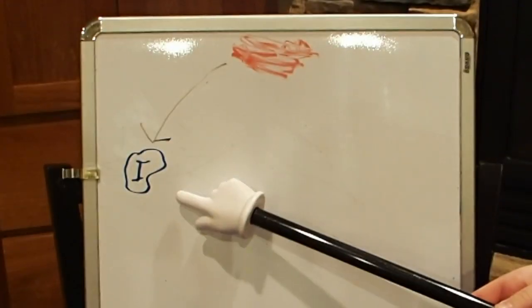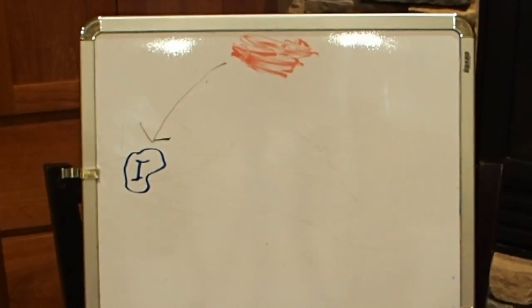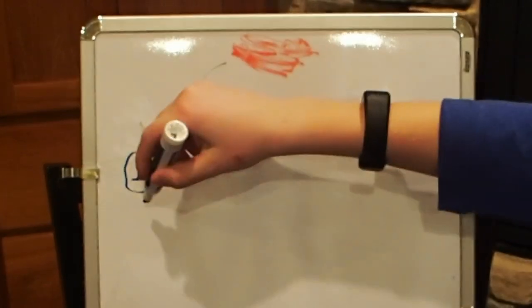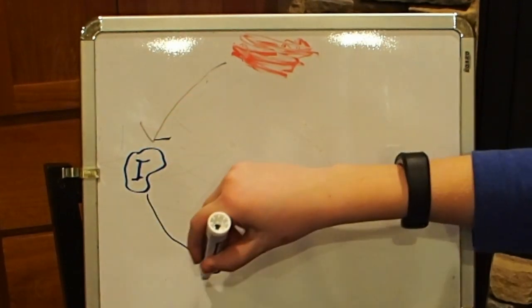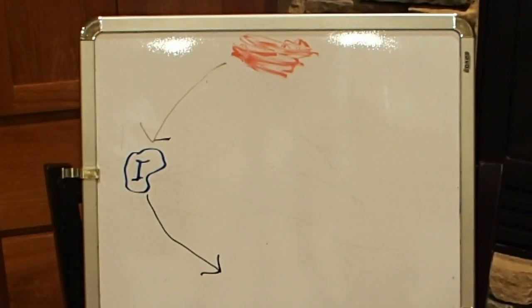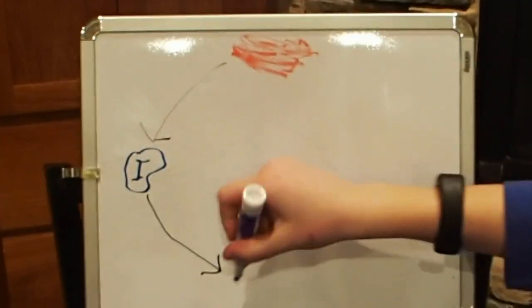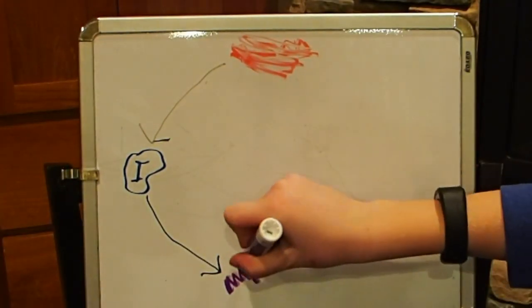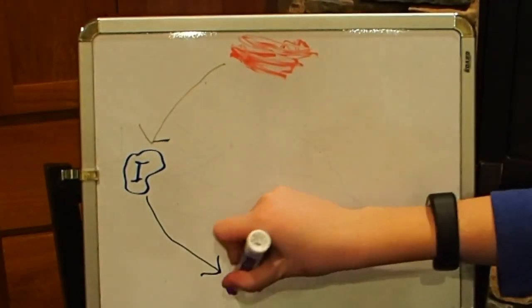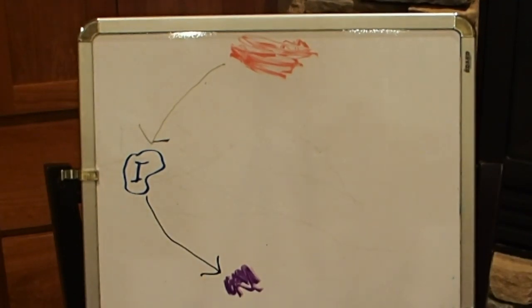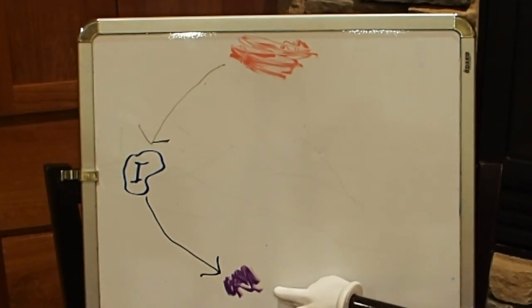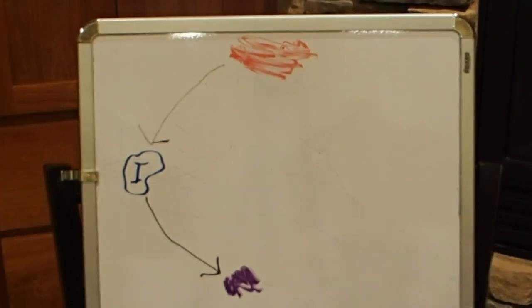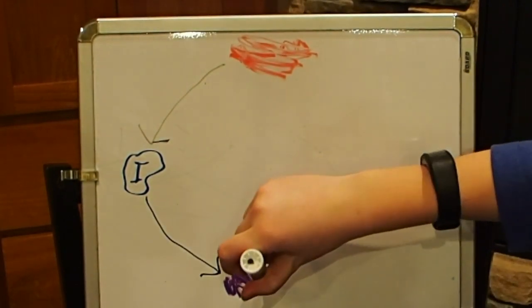Once you have an igneous rock, there can be weathering and erosion and deposition, and that can turn it into sediment. We'll have our purple sediment here. When the sediment gets compacted, it can turn into sedimentary rock.